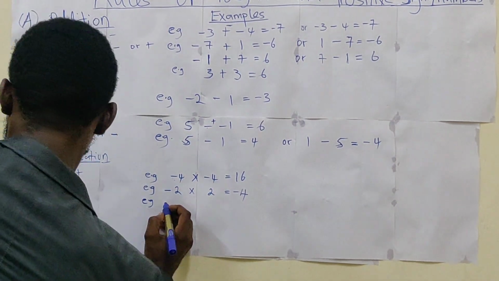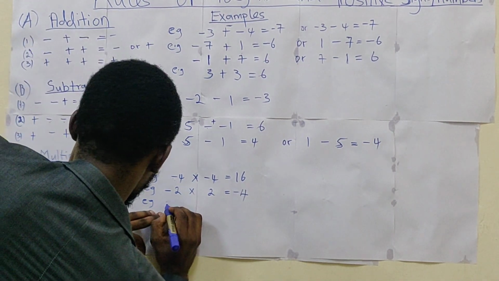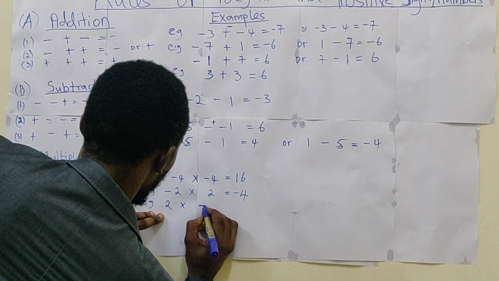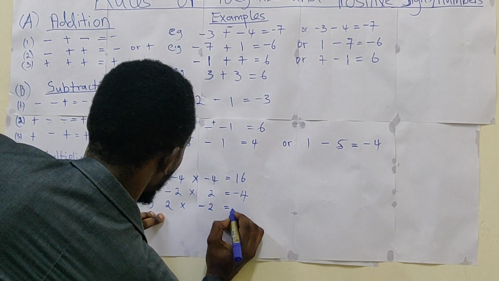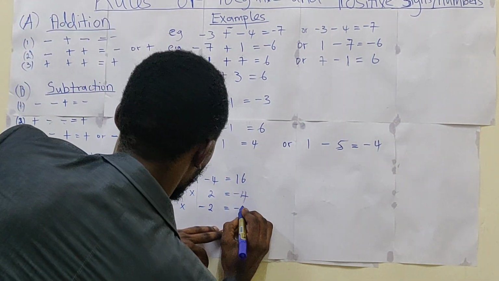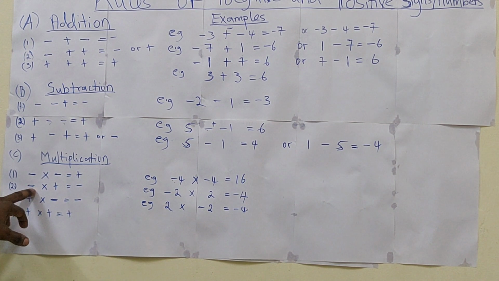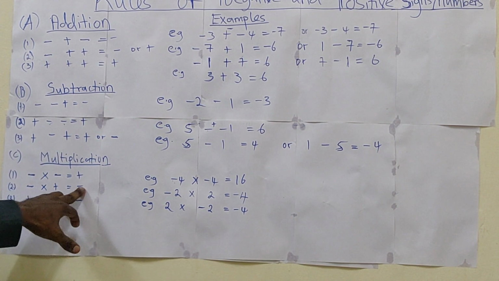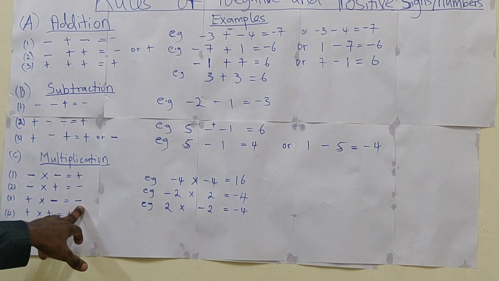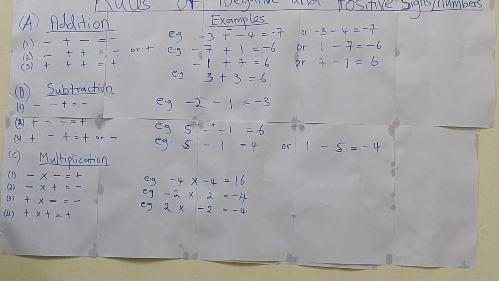Now it's positive times negative, which is 2 times negative 2, which is equal to negative 4. So when you are multiplying negative times positive is negative. When you are multiplying positive times negative is negative. As you can see from our example.